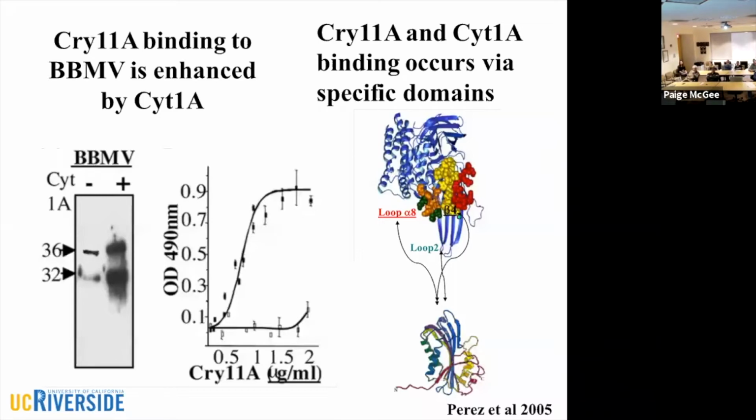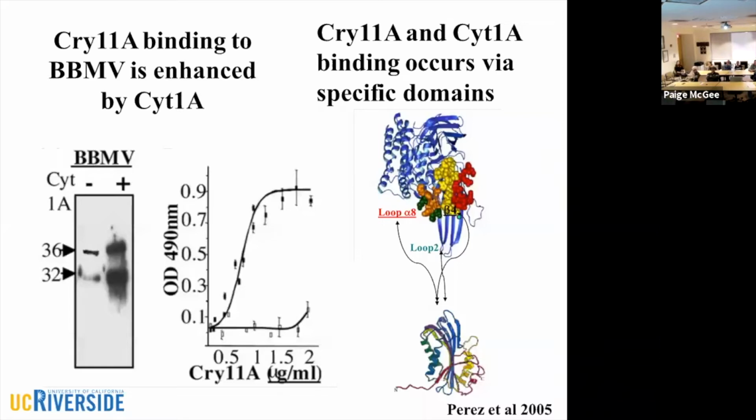In the second panel, if you put, for example, another toxin which doesn't insert into the membrane, you do not see any increase in binding. That's a control. The way this occurs, if you look on the right-hand side, is that there are domains in the cyt toxin which are able to bind to specific sites on the cry11A toxin.